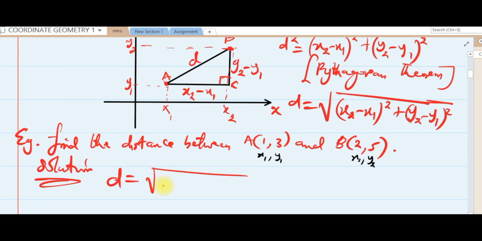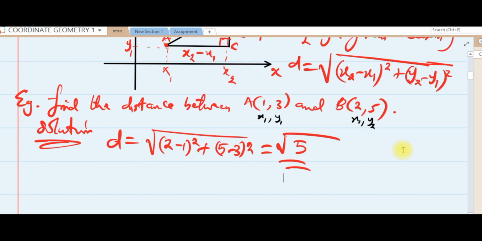So without wasting time, my answer is 2 minus 1 squared plus 5 minus 3 squared. So which is square root of, this is 1 squared, 1. 5 minus 3, 2 squared, 4. So 4 plus 1 is 5. Our answer is square root of 5.